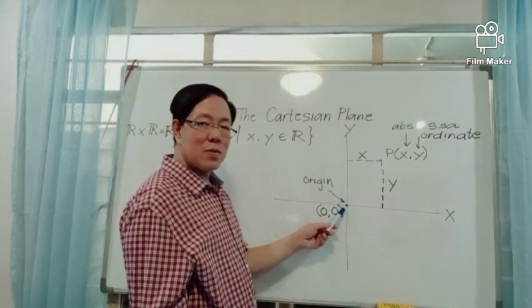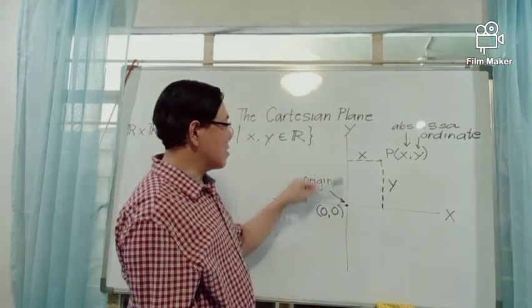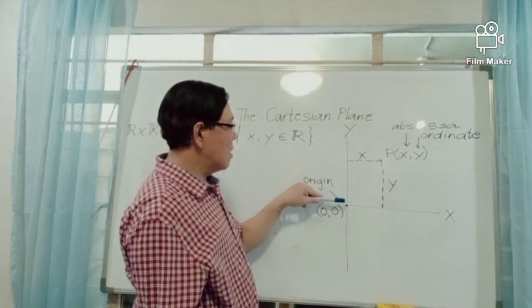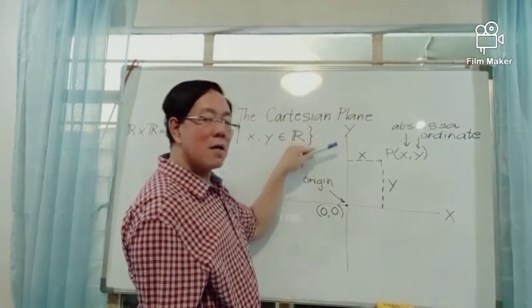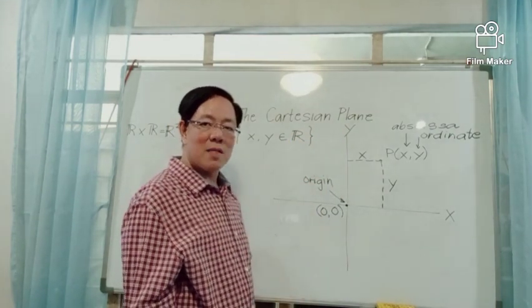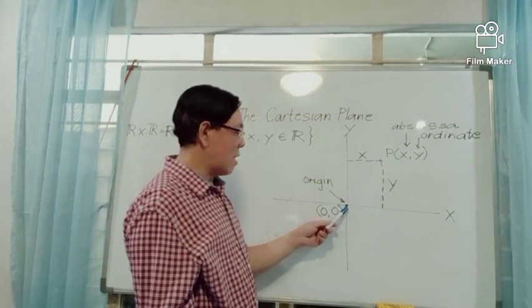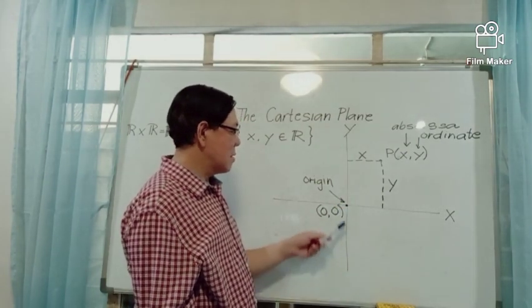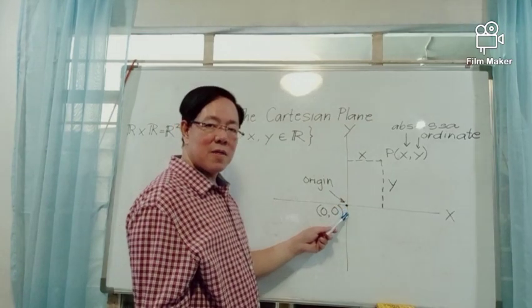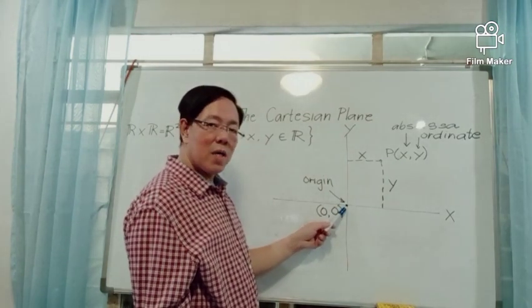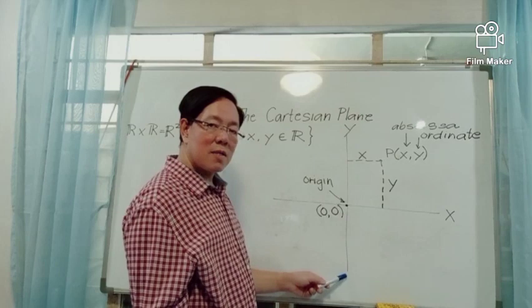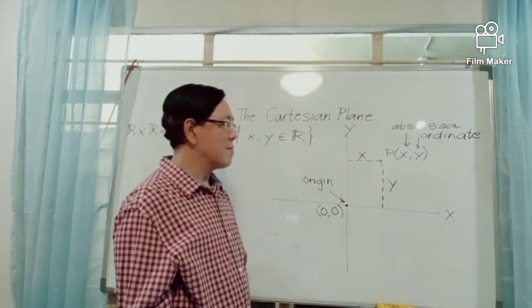With reference to the origin, the numbers on the y-axis above the horizontal axis are positive. And the numbers below the x-axis are negative. The numbers on the y-axis below the x-axis are negative.